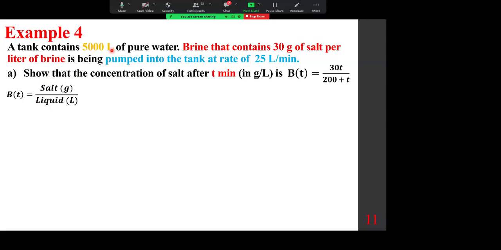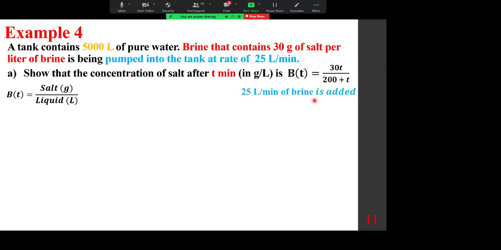So we have 5,000 liters of pure water or liquid to begin with. We are adding 25 liters per minute. And each liter has 30 grams of salt. So 25 liters per minute of brine is added.